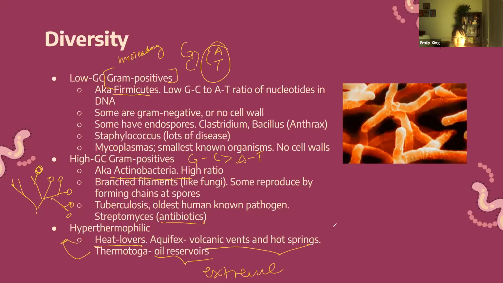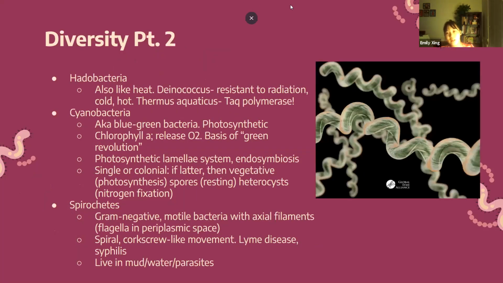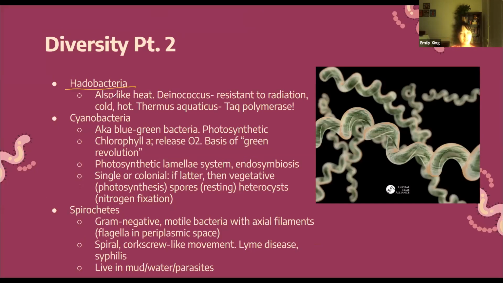The example on the right is Actinobacteria. As you can see, you have all of these branches. It's pretty cool. All right, moving on to part 2. We have 2 more slides after this, so please bear with me. So you have Hadobacteria, which also like heat. Hado refers to Hades, which is the Greek god of the underworld.